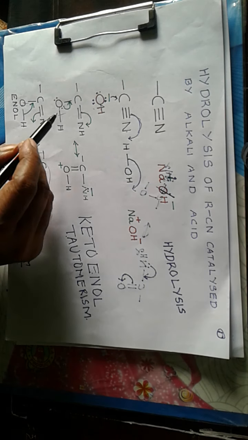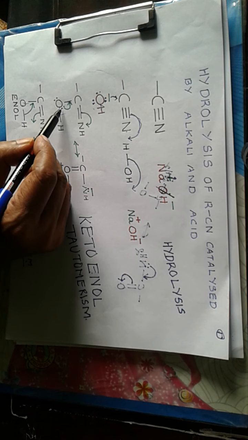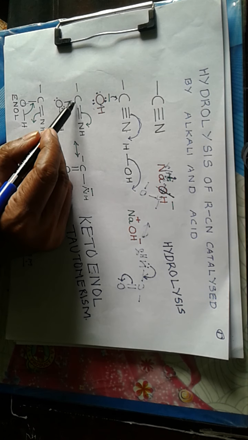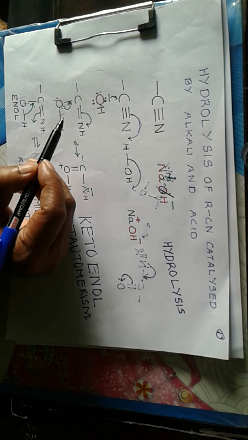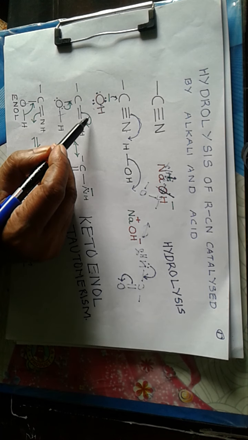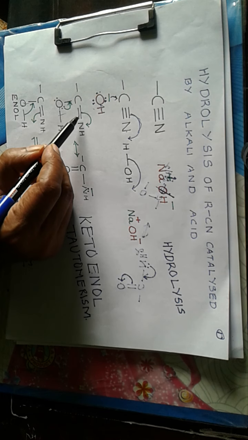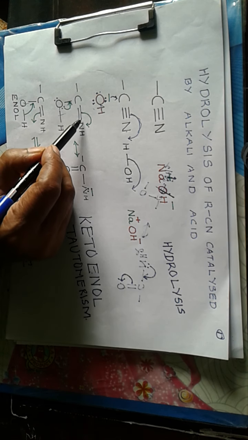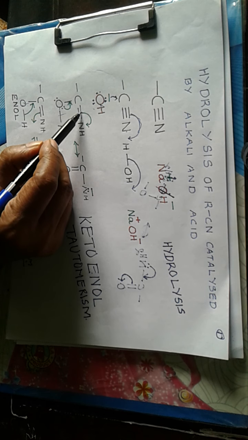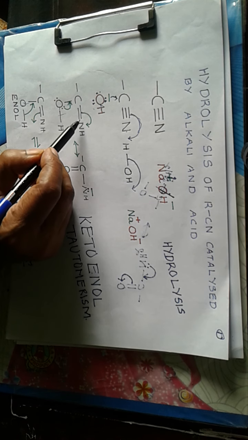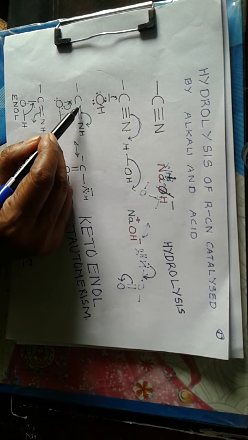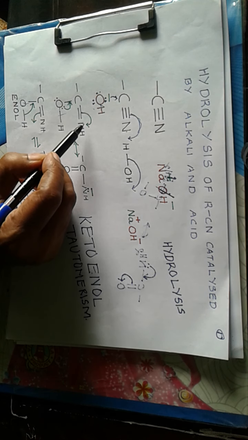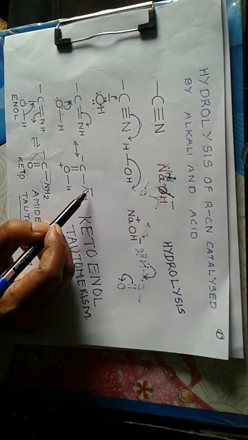Now this is a resonance hybrid where the lone pair of oxygen goes in between carbon and oxygen, and this pi bond here moves over nitrogen. In the sense, this pi bond is formed by the overlap of the orbital of carbon and the orbital of nitrogen. And when this arrow is shown over nitrogen, the orbital of nitrogen takes the entire electron pair and forms a lone pair here.